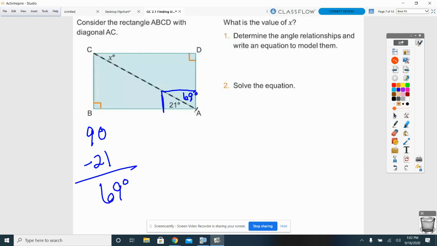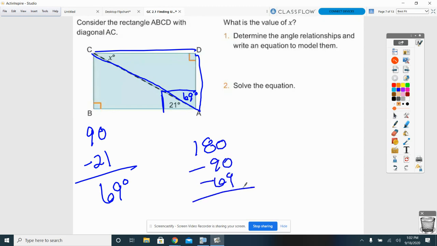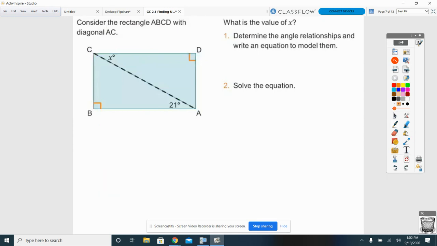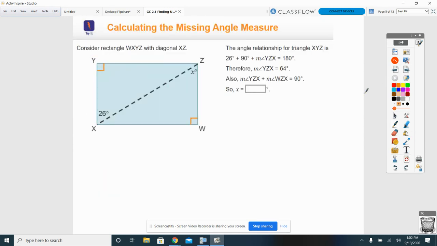And now that you know that that's 69 degrees, you can use triangles add to 180. You could take 180 minus 90 minus the 69 degrees, and you will get that 21 degrees that you could tell lined up just by twisting it around as well. So if you see a shortcut, it might work, but you want to double check.